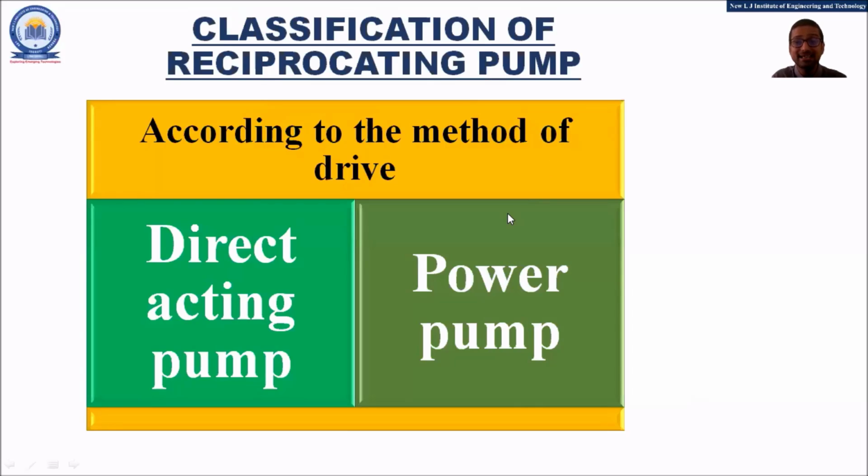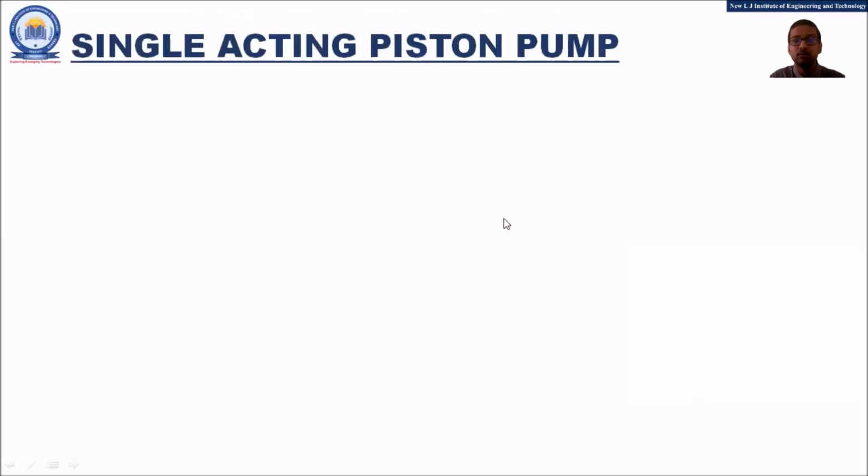So now friends, let us proceed further and understand the different types of the reciprocating pumps. So the first and the most important type of the reciprocating pump, that is the single acting piston pump. Most important question can be asked in your theoretical examination.